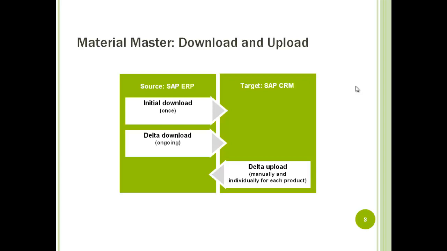An initial download must be made first to download the required materials and to display them as products in SAP CRM. Subsequent changes and new materials in ERP are then transferred by delta download. It's an ongoing process. The CRM product data is not uploaded automatically in the standard system. It must be carried out manually and individually for each product.